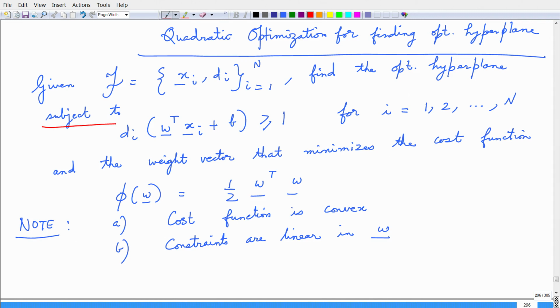So, what this means is, when W transpose xi plus b is positive, di is plus 1, and when W transpose xi plus b is negative, di is minus 1.